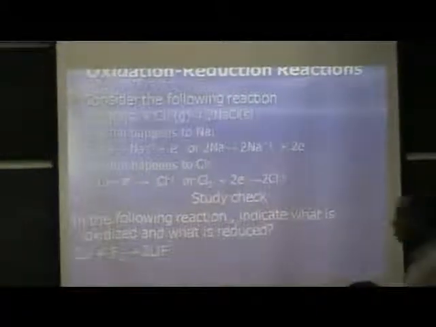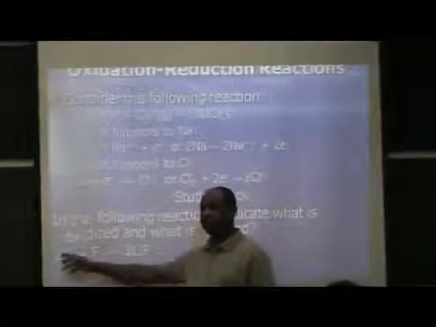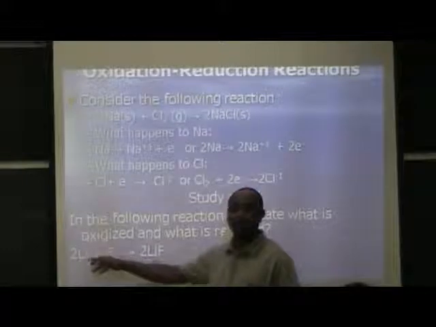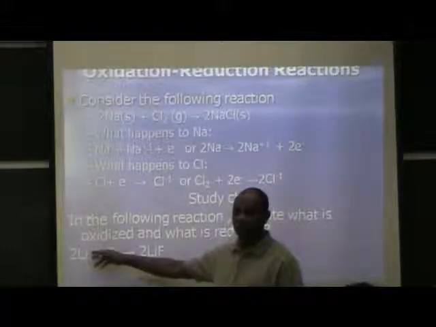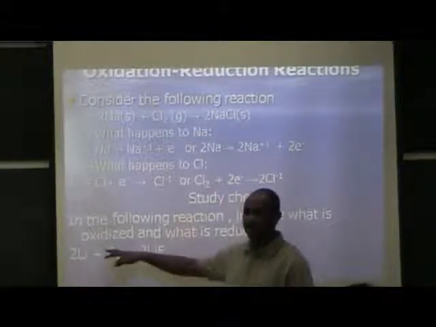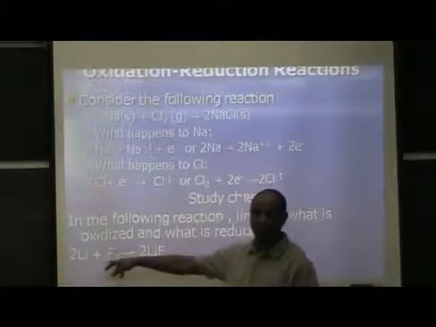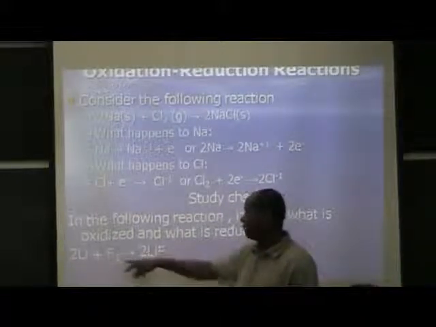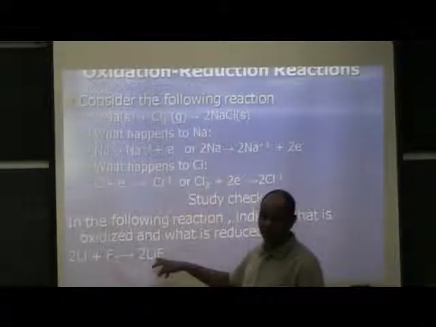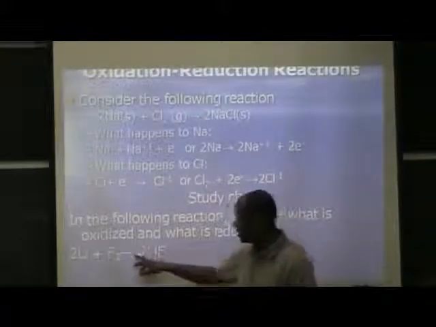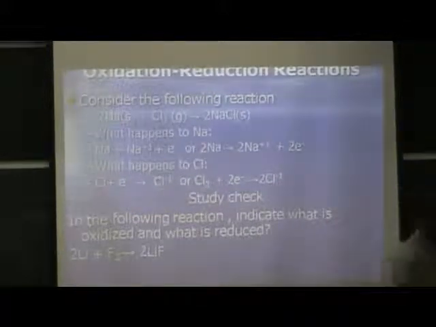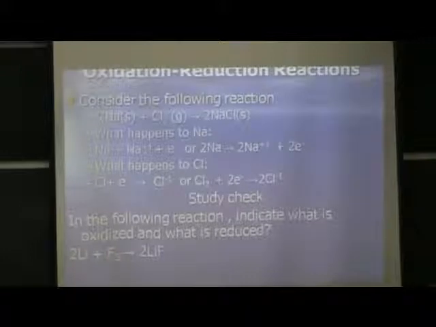But since you have 2 lithium here, obviously we can say that 2 electrons are lost. The number of electrons lost by lithium in this reaction is not 1, but 2, and fluorine also gains 2 electrons. So the coefficient here makes a contribution to how many electrons are lost by a metal and how many electrons are gained by a non-metal.